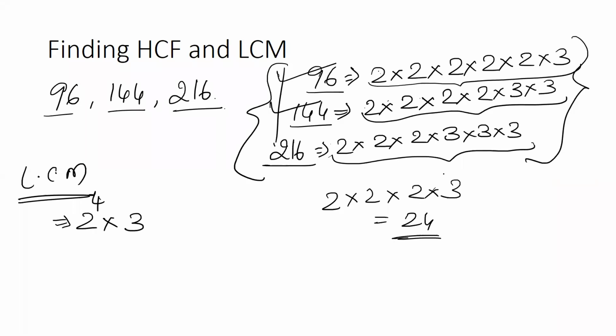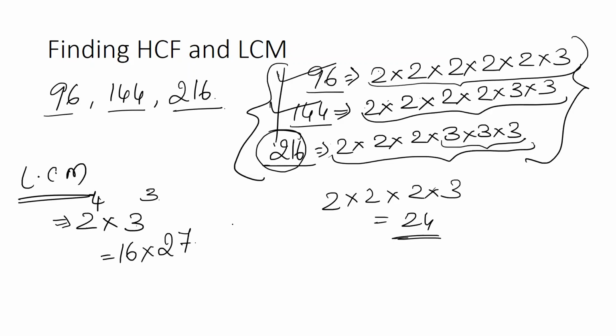Now, what is the highest power of 3 that you see? You realize that 216 is the value where you have the highest power of 3. How many? Three 3's. So write the highest power of 3. So what do you have in your hand now? 2 power 4, 16, into 3 cube, 27.